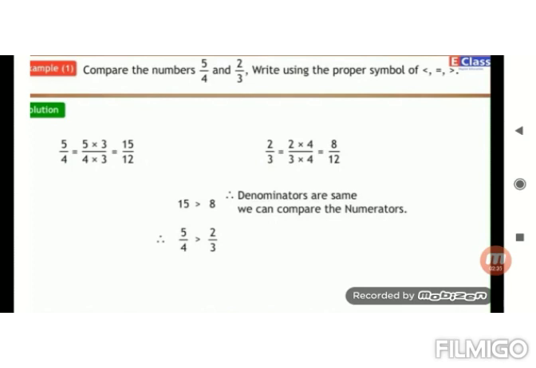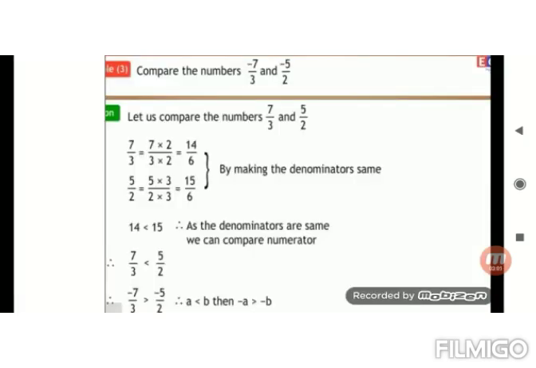When we multiply 3 to the numerator and denominator, we get 15 upon 12, and 2 upon 3 multiplied by 4, we get 8 upon 12. Now the denominators are the same, that is 12. Now we will compare the numerators, 15 and 8. 15 is bigger, so 5 upon 4 is bigger than 2 upon 3.